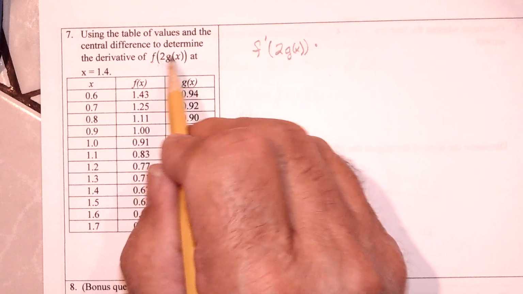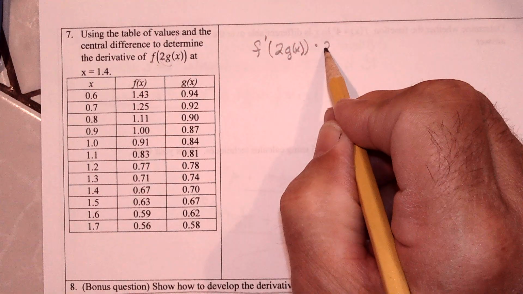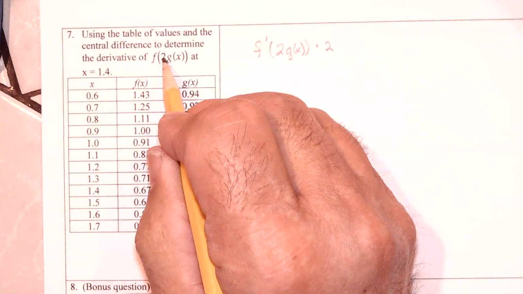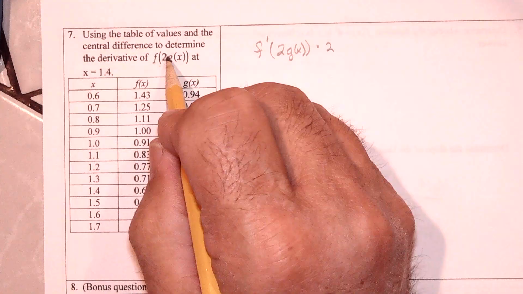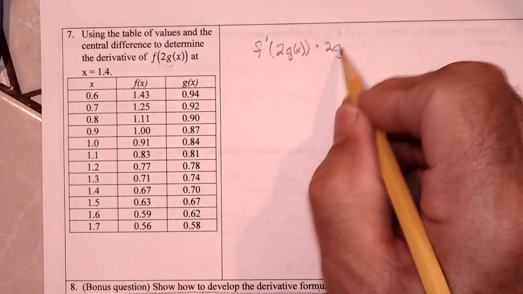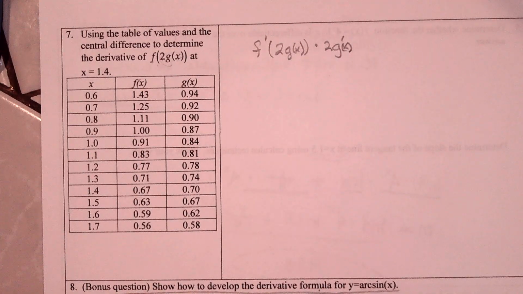Now you might think this is a product rule, but that's just a constant. The derivative of 2 times something is 2 times the derivative of the something, and that's it.